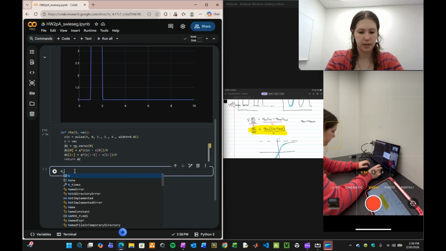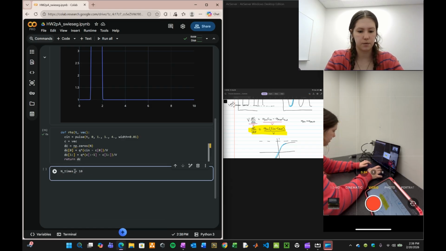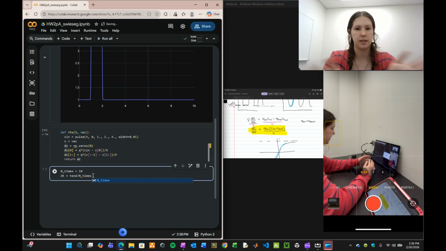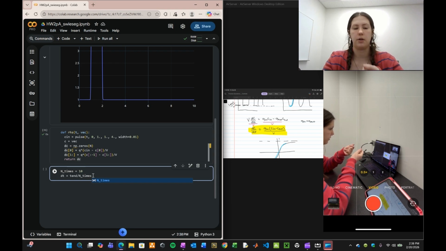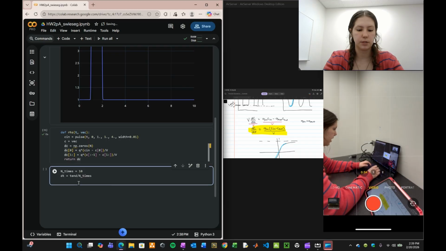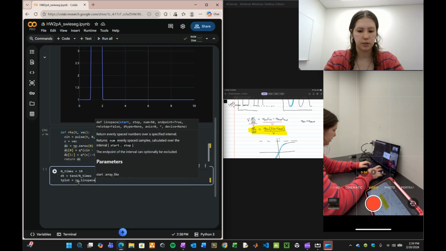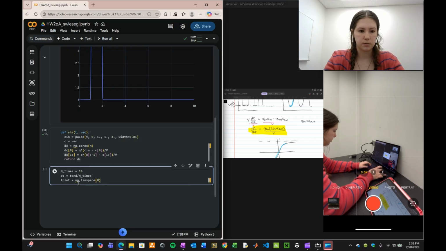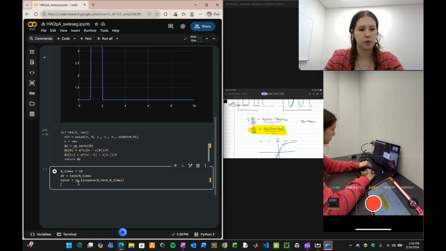And now we want to define n times to be 10 for our plot there, and we're going to say dt equals our Tn divided by n times, so that we get evenly spaced points on our plot. So now we want to define our t-plot to equal numpy.linspace. We want it to go 0 to Tn, and we want it to go n times. And then we actually want to solve our material balance.